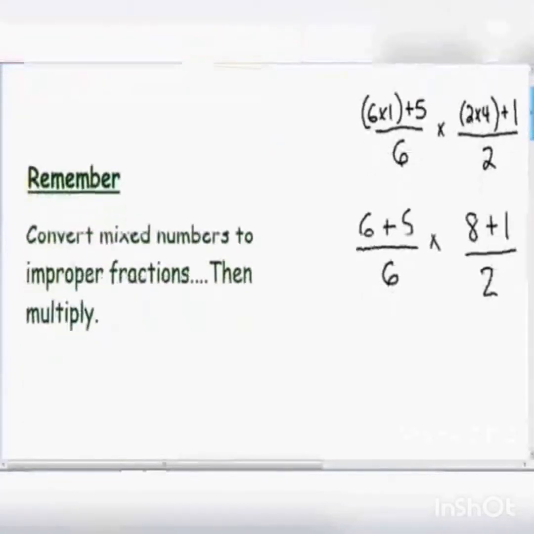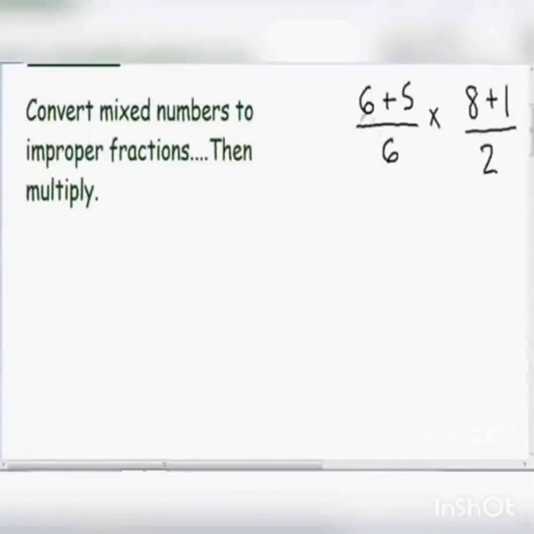Now, in this case, recall we are not looking for LCM of any sort, but we are just going straight to simplify the fraction. So we are going to have 11 over 6 for the first one, and a 9 over 2 in the second one. Now when you look at 9 and 6, there is a 3 that can divide 9 and can at the same time divide the 6.